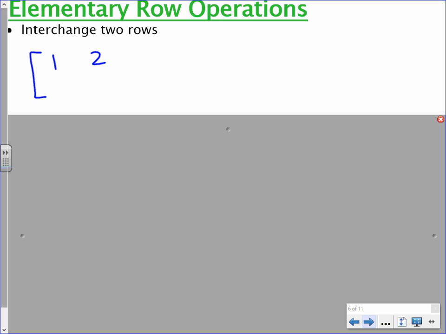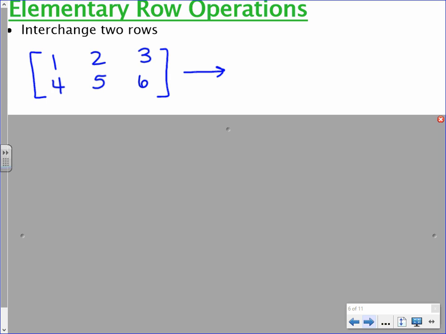Go ahead and write down the 2 by 3 matrix of 1, 2, 3, 4, 5, 6. Anytime you perform a row operation, it would be my preference that you notate what you did so I can follow your work. It is legal to interchange 2 rows.